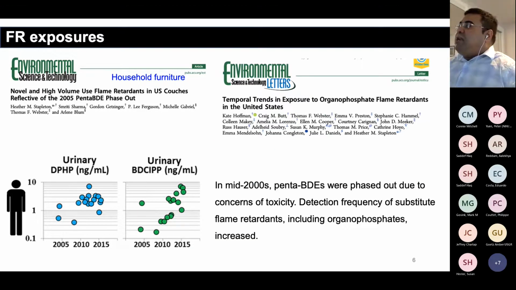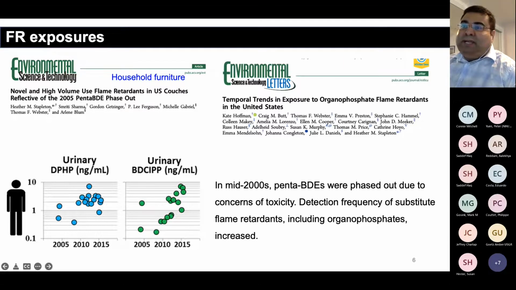In fact, due to their potential toxicity, a previous group of widely used flame retardants called the PBDEs were phased out and replaced by substitute flame retardants such as the organophosphates in 2005. And since then, the metabolites of these organophosphate flame retardants have amplified within human biosamples.